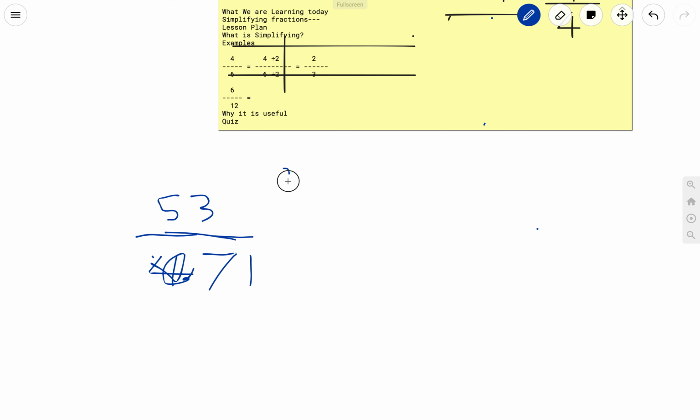After some trial and error, you'll realize you can't simplify these. Both of them are what you call a prime number, which means they can't be divided by anything. And this I will explore also in my course 2.